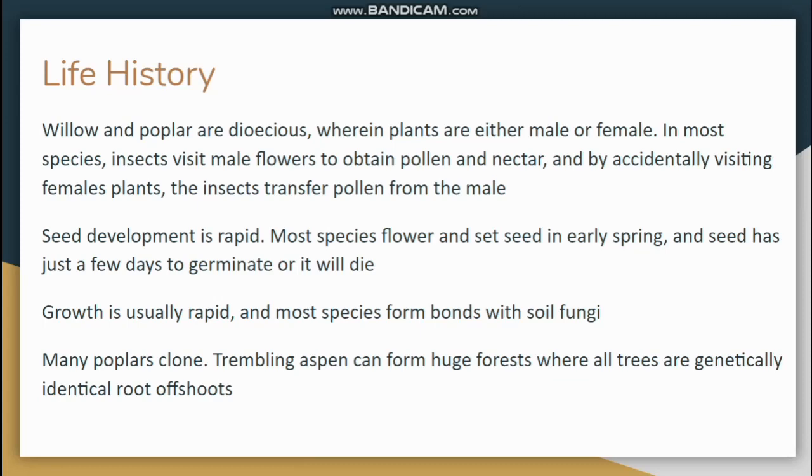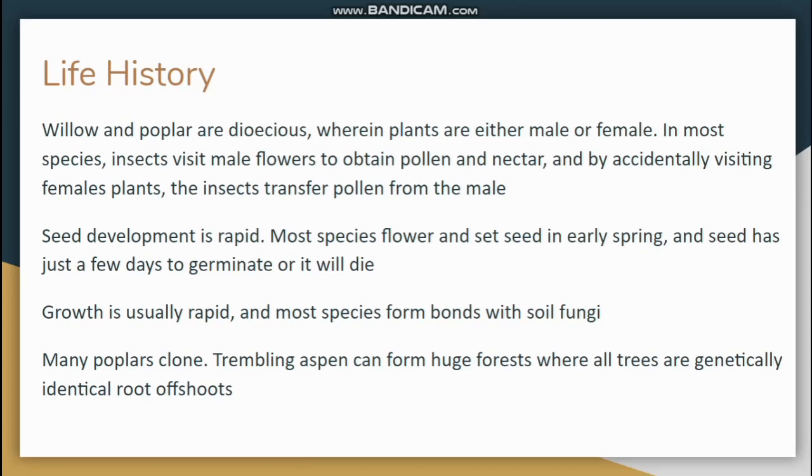Oftentimes, the female flower doesn't really have a nectary reward that the male flower does, and the female flower kind of looks or smells enough like the male flower to trick the insect into visiting it, which is how pollen gets to the female flower to fertilize the seeds inside.